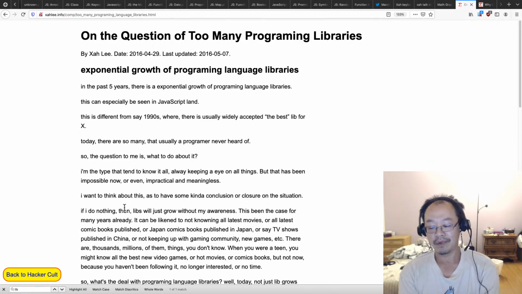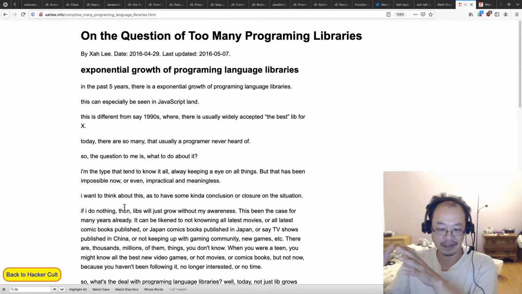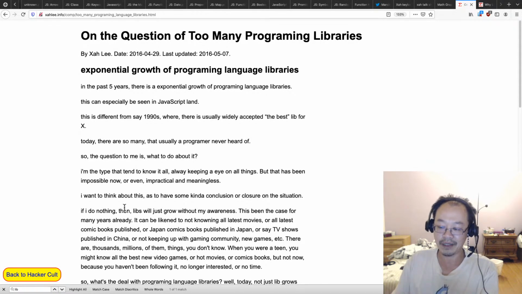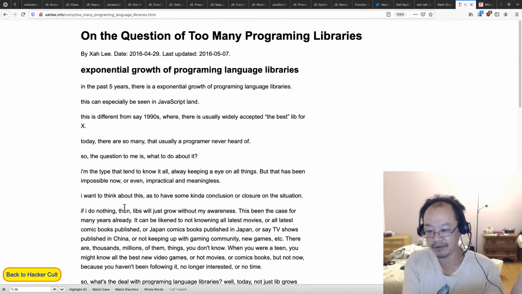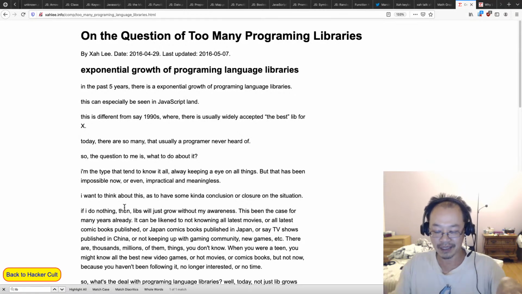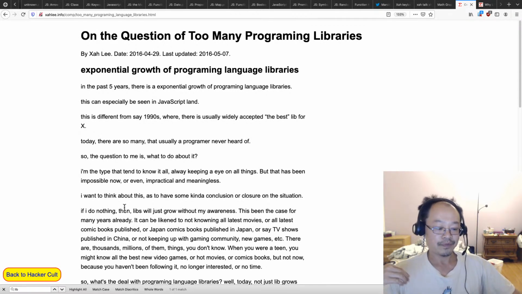This is different from 20 years ago, in the 1990s or even the 2000s. If you were doing a particular language, let's say C or Perl, there was basically a set of libraries, part of them bundled with the language, part of them outside of the language. Basically, they were just a set that every programmer of this language, at least the good ones, would know. Or maybe next year there's a new one, then everyone knows about it if you are a good programmer of that language.